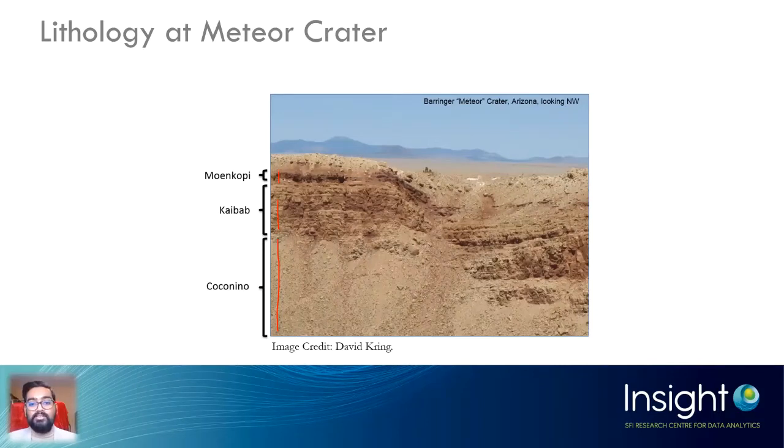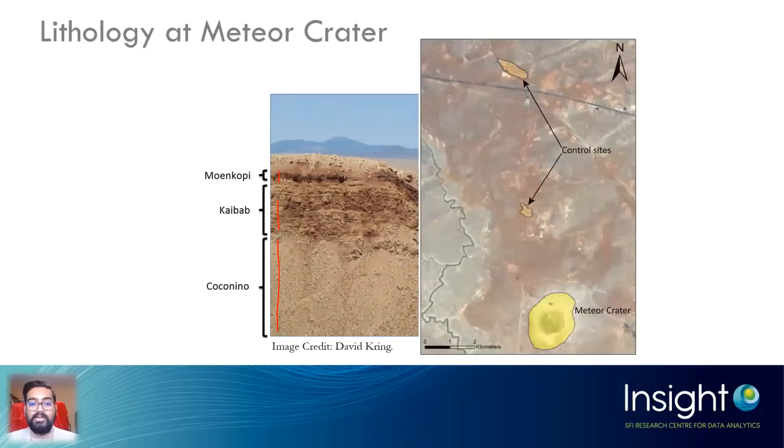Meteor Crater provides a unique opportunity to compare the breakdown of impacted and non-impacted rocks in similar environmental conditions. This map shows the location of Meteor Crater and control sites where non-impacted rocks are located.